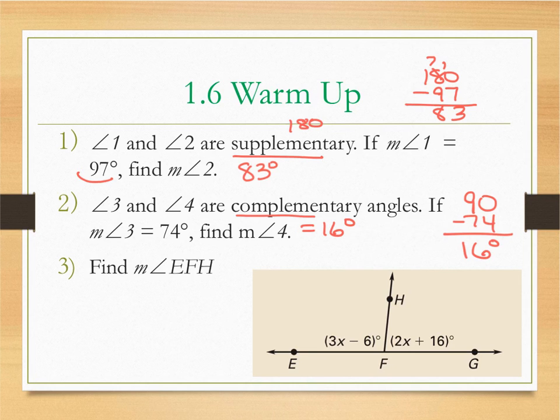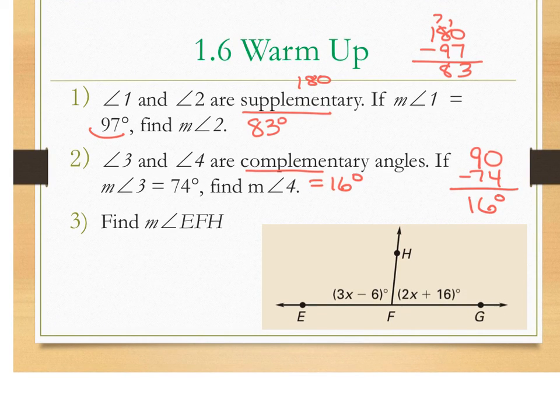For EFH, right here is EFH. I can see that EFH and HFG form a linear pair. And I know that linear pairs are supplements. So I'm going to add 3x minus 6, which is angle EFH, and I'm going to add that to 2x plus 16, which is angle HFG.